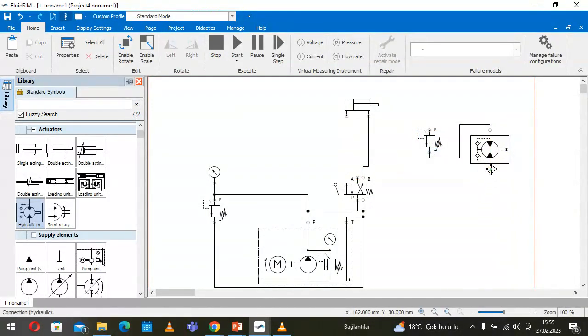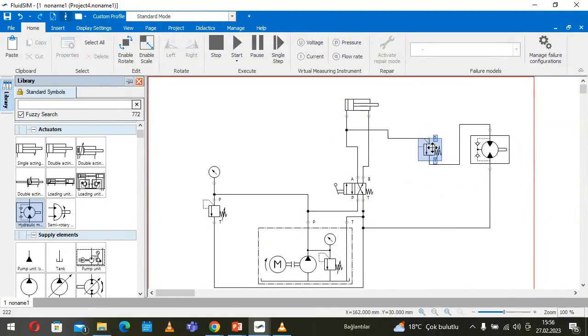Okay, this is connected to the tank here, and then this has to be connected here. Good.